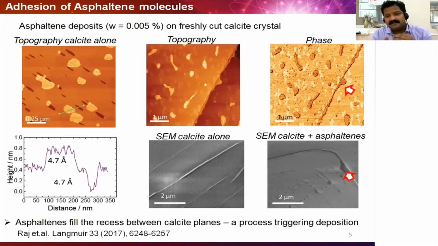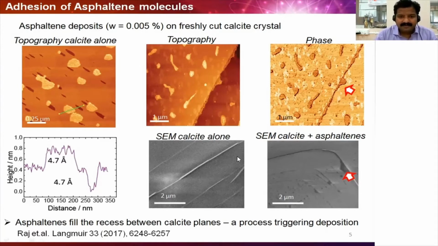On the right hand image, we see the topography and phase contrast image of asphaltenes deposited on this calcite surface. In the phase contrast, the asphaltenes appear darker when compared to the bright calcite regions. Another thing to notice is these dark deposits are continuously forming across the interface, the valley, or the crystal edges, as you can see here.